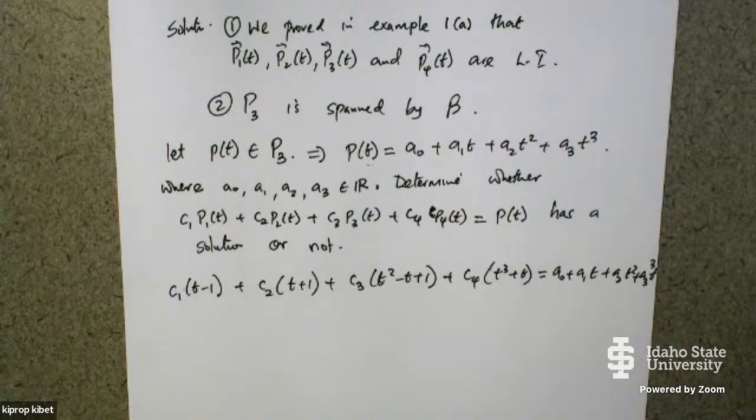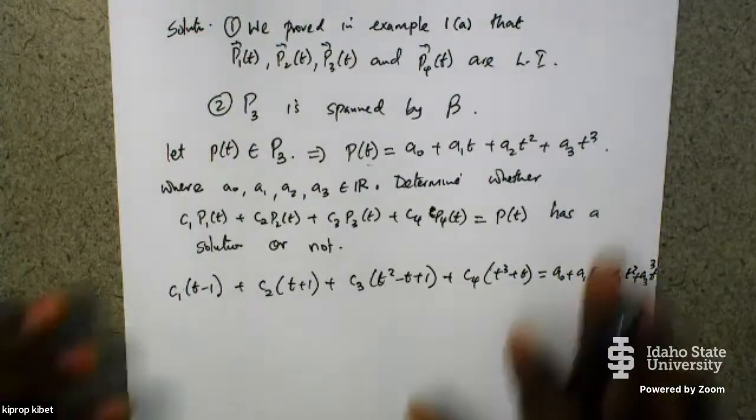Now we distribute the constants and collect the like terms, like what we did in example number 1.